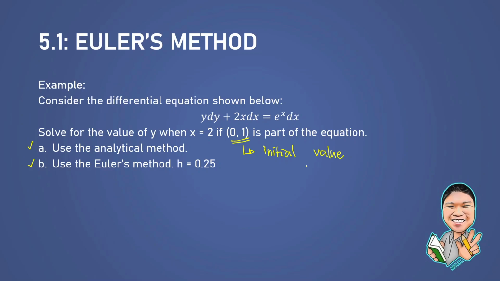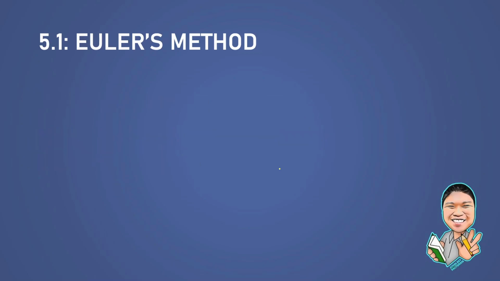So, I hope naintindihan yung mga terms natin for differential equation, no? General solution, tapos kapag may initial value, gagamitin mo yon para mahanap yung particular solution ng differential equation. So, nevertheless, ang assumption ko dito, may basic understanding ka na ng differential equation and of course, calculus kasi sa analytical method, yun yung gagawin natin.